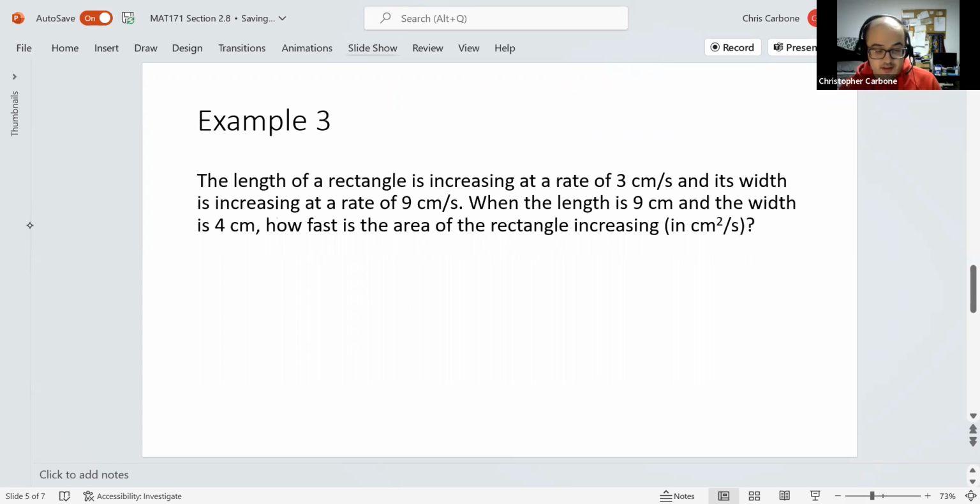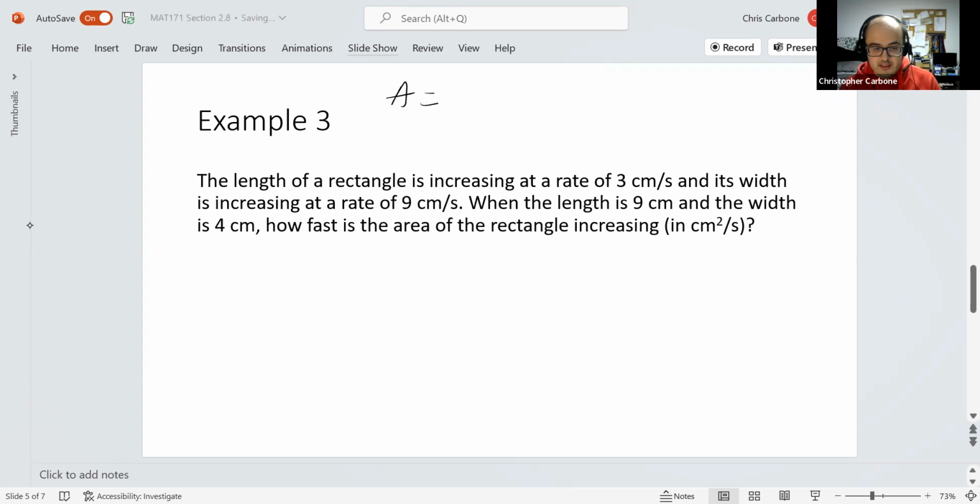For example 3, the length of a rectangle is increasing at a rate of 3 centimeters per second, and its width is increasing at a rate of 9 centimeters per second. When the length is 9 centimeters and the width is 4 centimeters, how fast is the area of the rectangle increasing in centimeters squared per second?